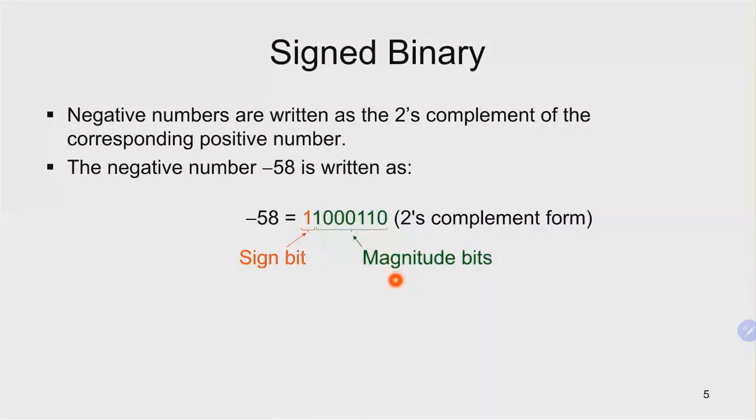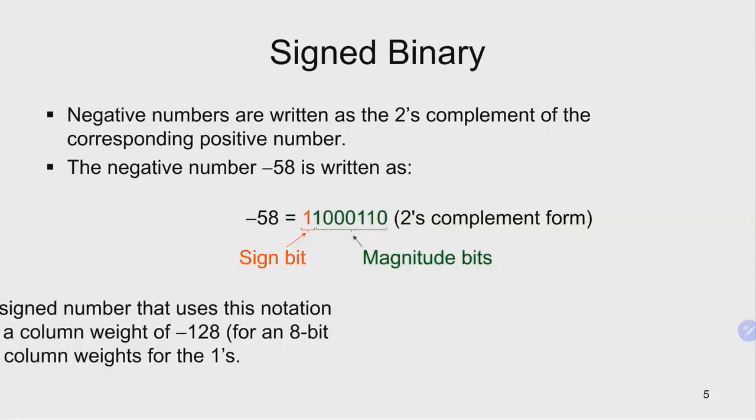Earlier on, I mentioned that to work out what value a signed binary number is, you can convert it again using two's complement. You find that it will equal a positive 58. So if you have a sign bit of 1 and you do two's complement again, the sign bit becomes 0 and the value of that binary number equals 58, which tells you that this is a negative 58.